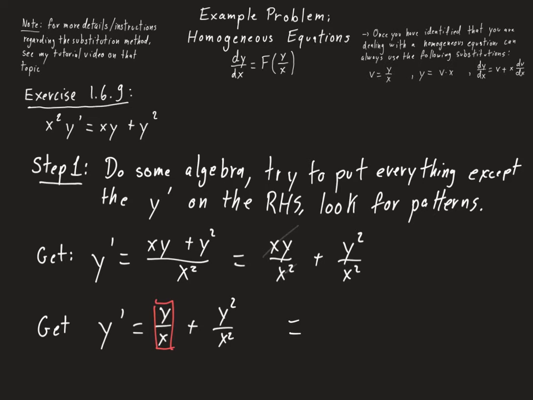If I rewrite this as follows, you'll see that this is y over x plus, in parentheses, y over x, that whole thing squared. Now we see that this entire right-hand side of this differential equation is basically a function of y over x. So this is homogeneous, because we have y over x, and no other variables show up anywhere outside of this.